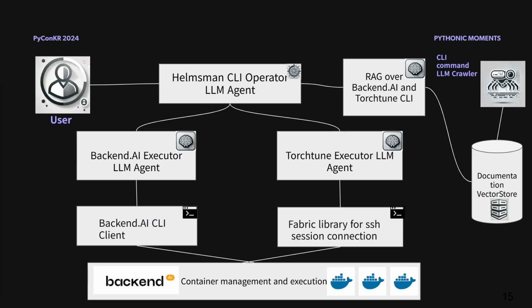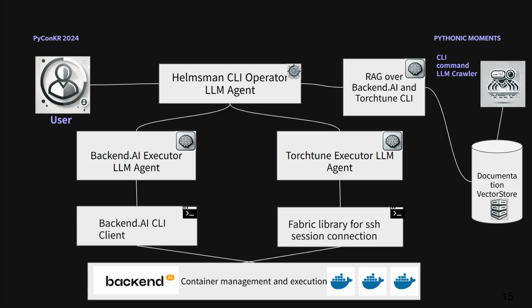This data is vectorized and stored in a vector store database, allowing for fast retrieval during command execution. Admins can also enhance this vector store by manually adding some useful use cases and summaries.